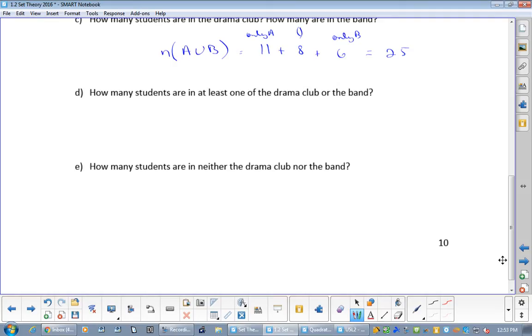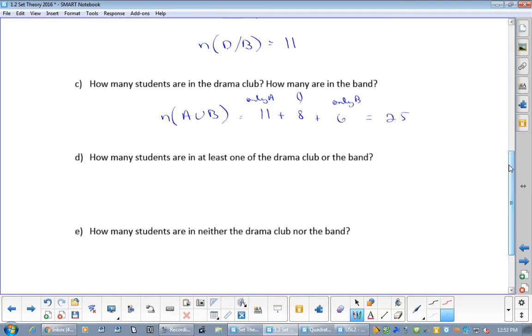So, how many students are in at least one of them? Oh, okay, so that's actually this question. How many are only in drama club? That would have been N, just D. And I don't know why I'm using A. Should have been D, or D union B. So that would be just D, which is 19.